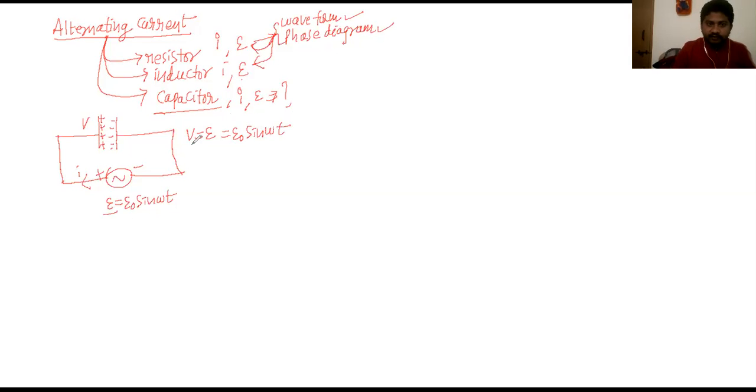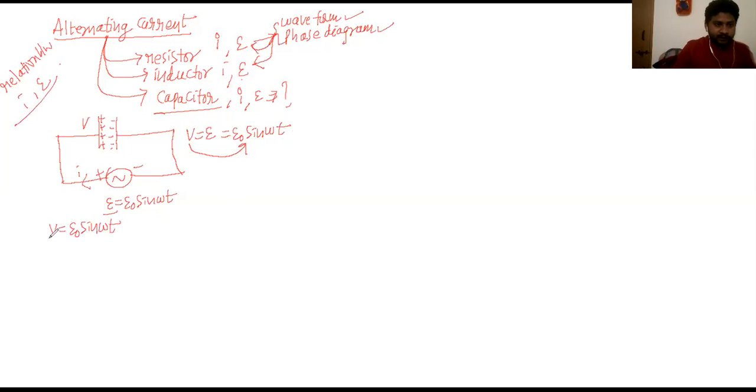Now, when V is equal to E naught sine omega t, what is our aim? Our aim is to find the relation between I and E. So V is equal to E naught sine omega t.